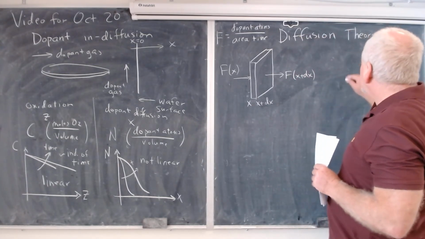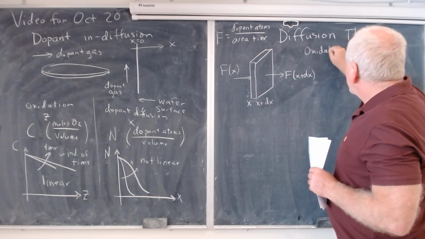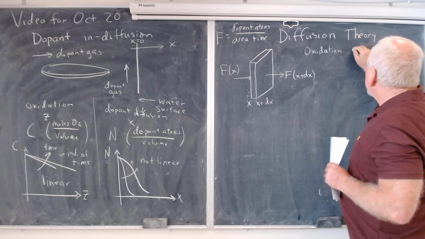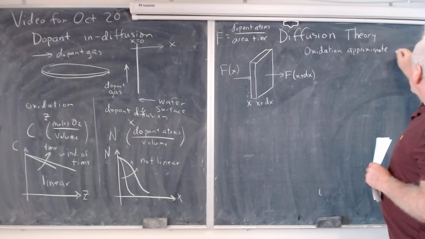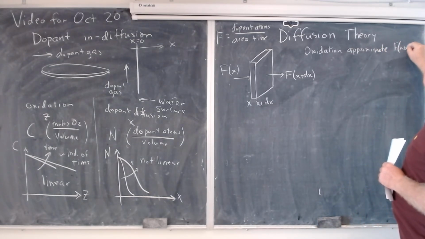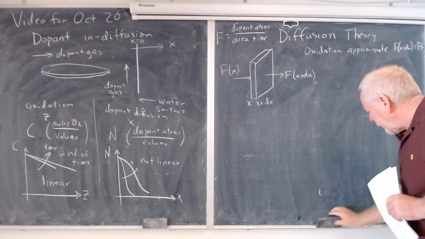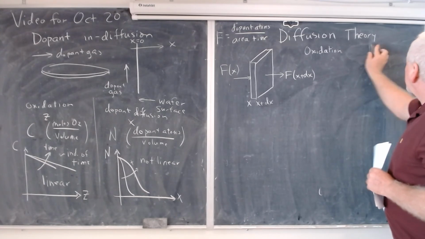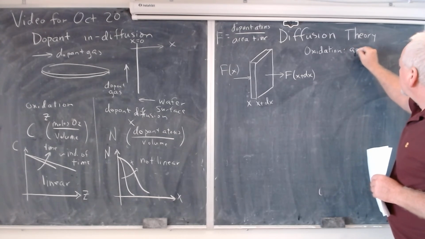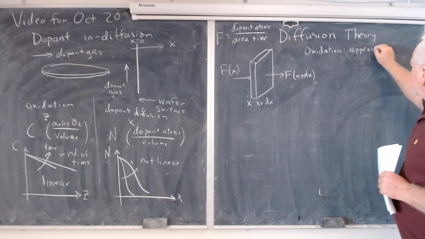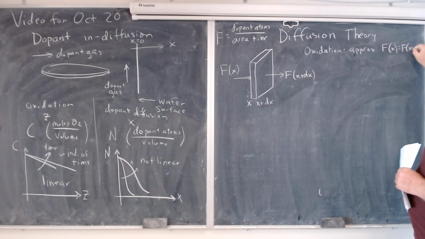So first of all, for oxidation, we approximated that F of x is equal to F of x plus dx. Sorry, I ran out of board here. Let me rewrite that. For oxidation, we approximated that F of x is equal to F of x plus dx.